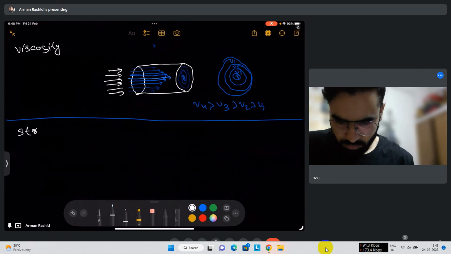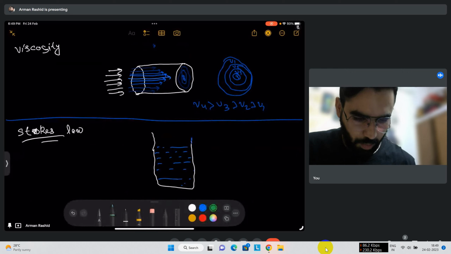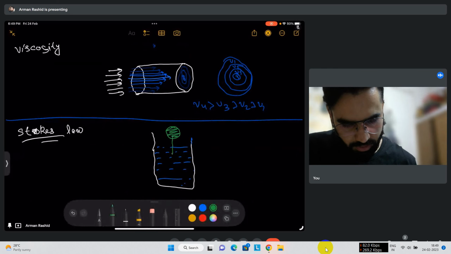So for example, if we have a container that is filled with some liquid, then we take some ball or a sphere and put it in.